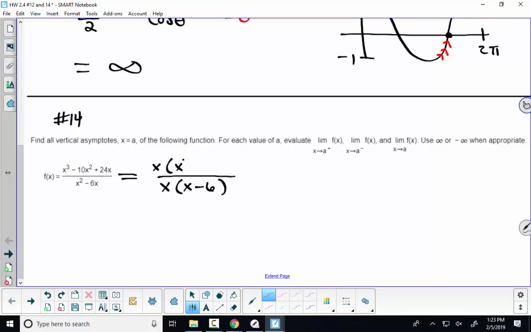And then we have this quadratic. So factors of 24 that add to get negative 10: x minus 4, x minus 6.